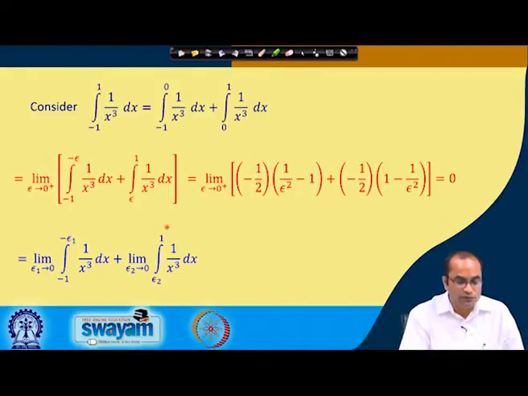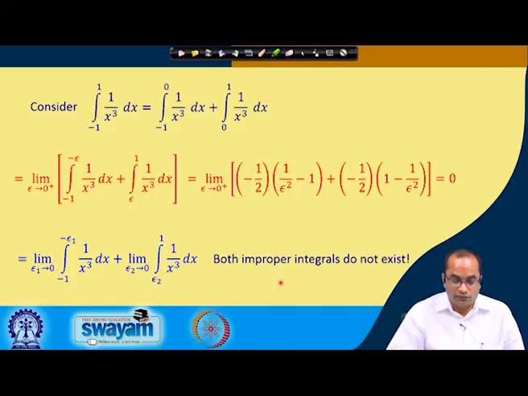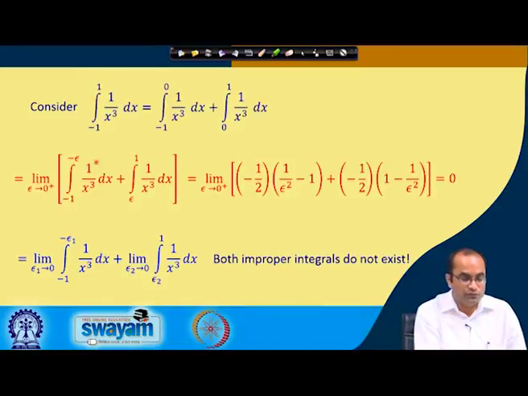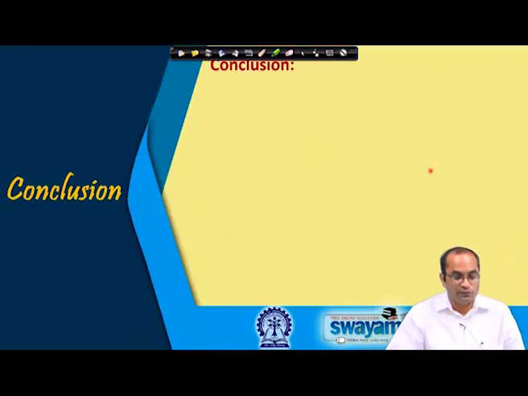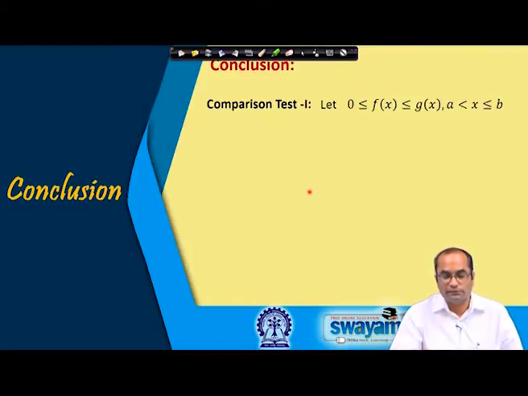Similarly, this is also not a convergent integral, it also diverges, and that is the reason we cannot evaluate this, because both the integrals appearing here diverge and do not exist. But if we make this mistake by taking the same epsilon at both places, then the value comes out to be 0.